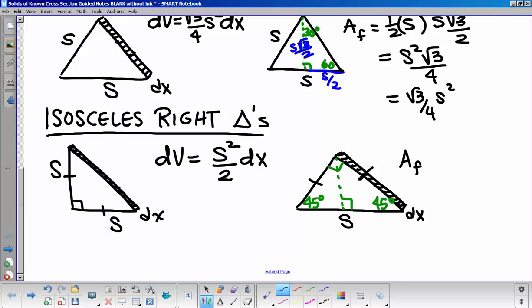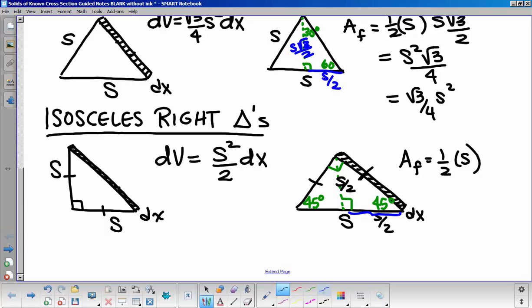The area of the face is going to be 1/2 the base, which is clearly S, times the height, which is S over 2. Because this part right here would be S over 2, since these are congruent.